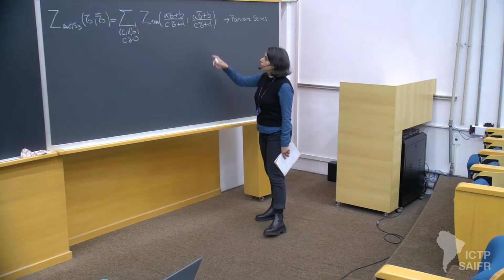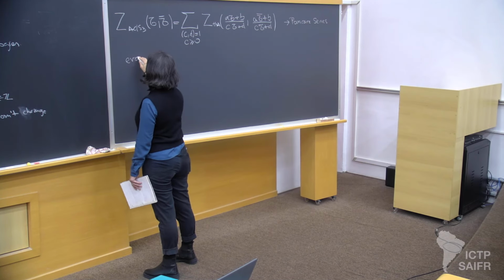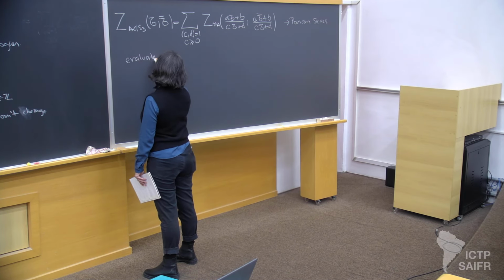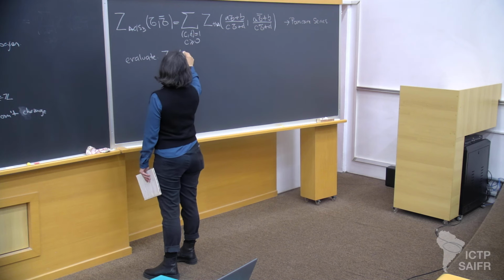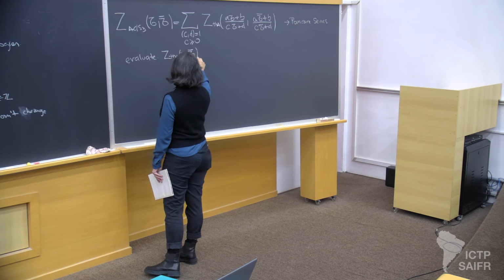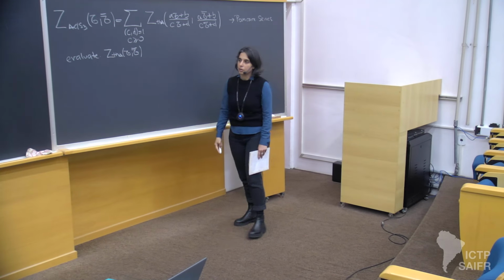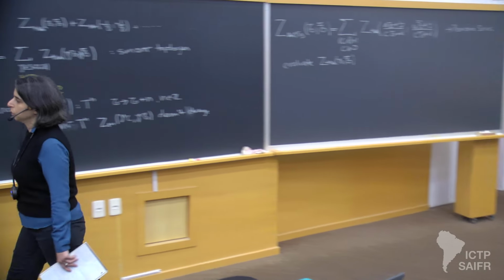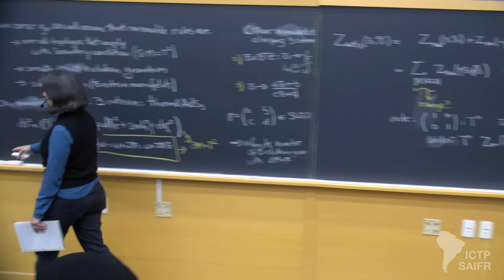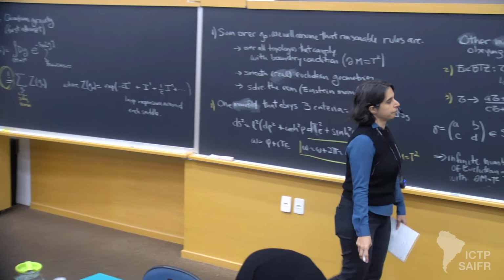So now we need to evaluate this contribution. We need to know what this function is, and it is the function that is going to include all of these little loop corrections.